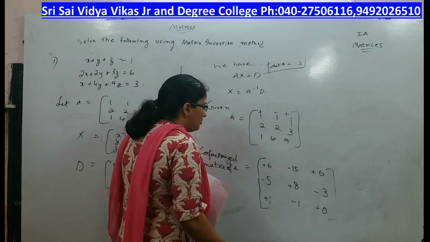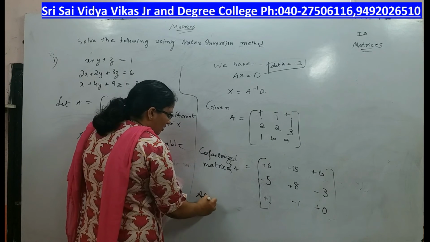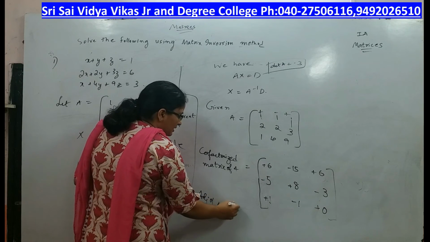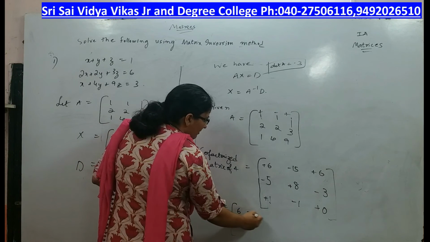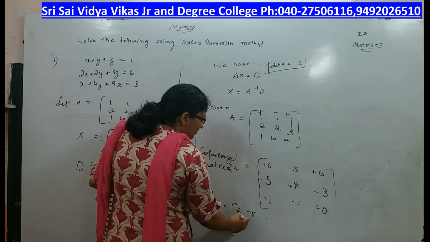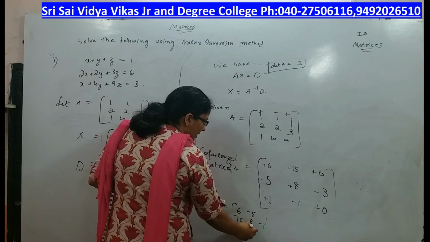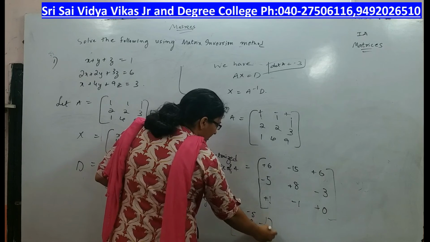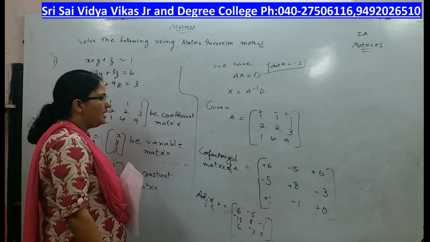So this is what is cofactor matrix of A. Then adjoint of A is transpose of the cofactor matrix, that is [6 minus 5 1; minus 15 8 minus 1; 6 minus 3 0]. This is the adjoint of A.